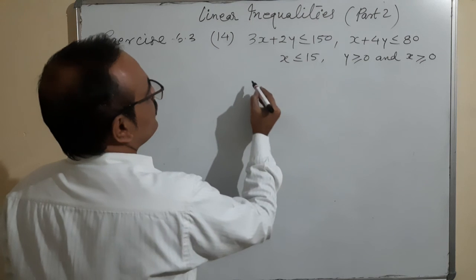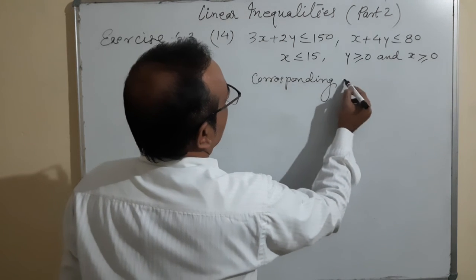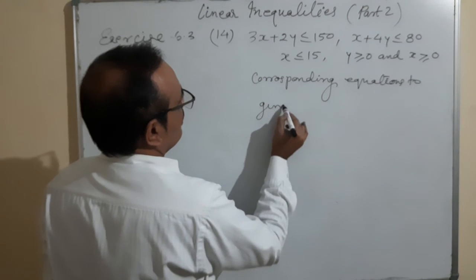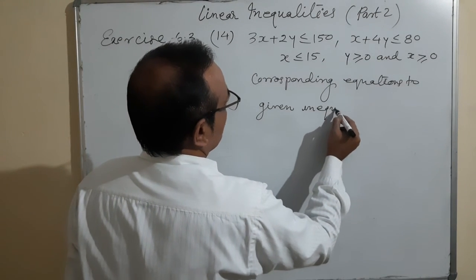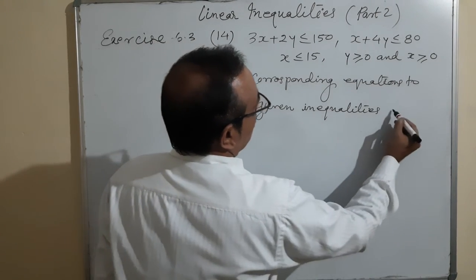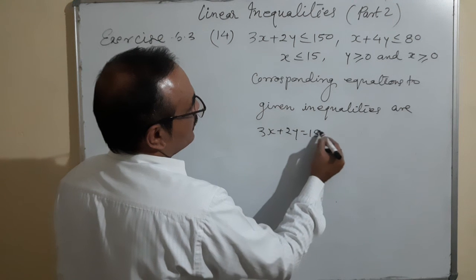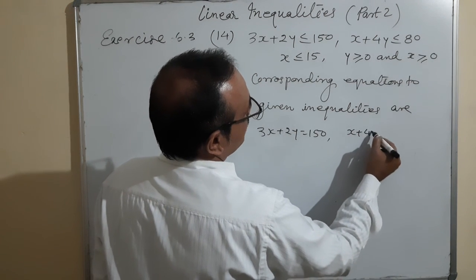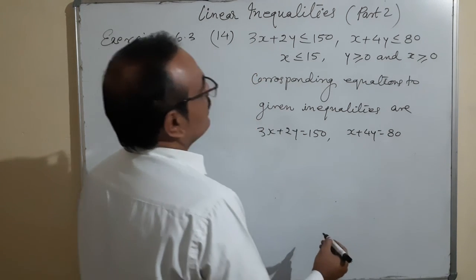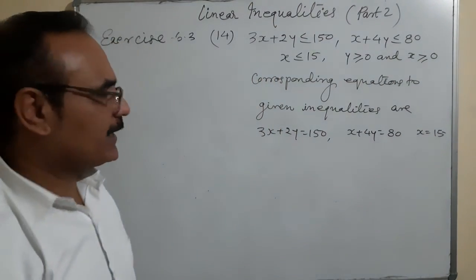Okay. Corresponding equations to the given inequalities are 3x plus 2y is equal to 150, x plus 4y is equal to 80, and x is equal to 15. y is equal to 0, x is equal to 0, I am not writing these.